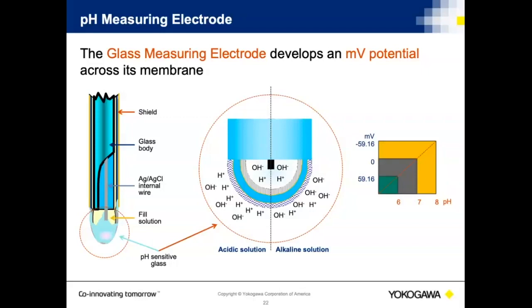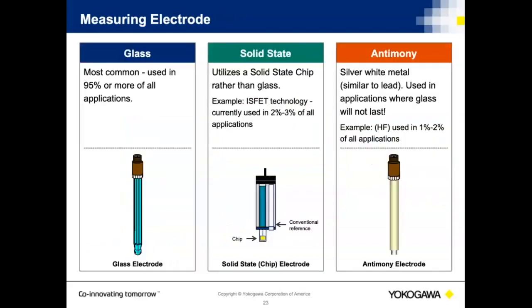If you look further into this measurement, we can use glass for making an electrode, we can use a solid state chip for making a measuring electrode, or we can use antimony electrodes. The most common is the glass electrode.